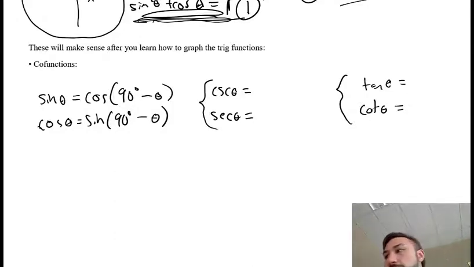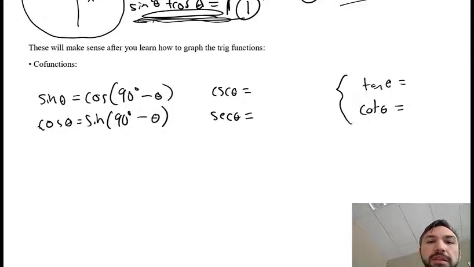And since you now know the unit circle, that makes sense to you. But this is always true. The cosine of 1 degree is the same thing as the sine of 89 degrees. Maybe you know the sine of 89 degrees, but you don't know the cosine of 1 degree, so that's where that can be helpful. Where it's going to be helpful later with the graphing is these two graphs look very similar to each other.